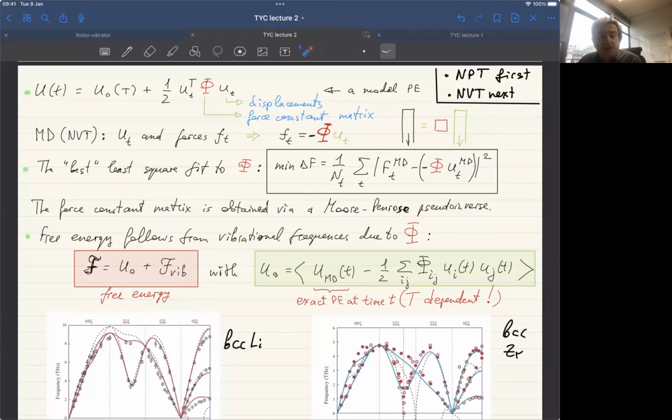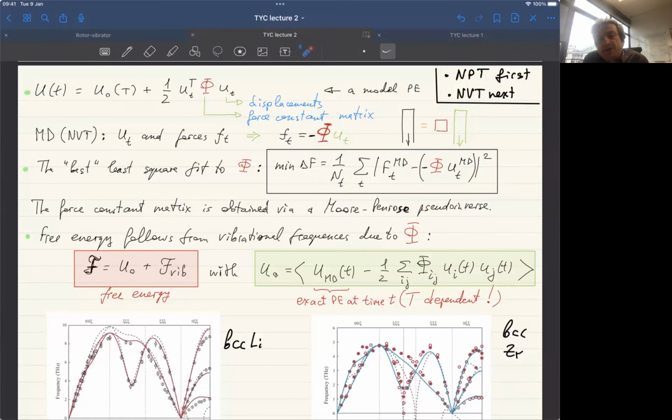And for all of this, we have these forces and displacements. On the other hand, that matrix is small. It's a square matrix of the size of the number of degrees of freedom of our crystal. So if we combine all the forces for all molecular dynamic steps, we have a huge vector of atomic forces, a huge vector of atomic displacements, but a little matrix of the force constants.